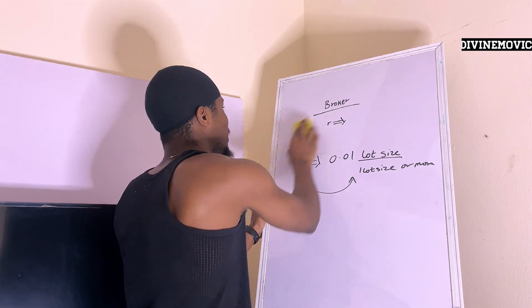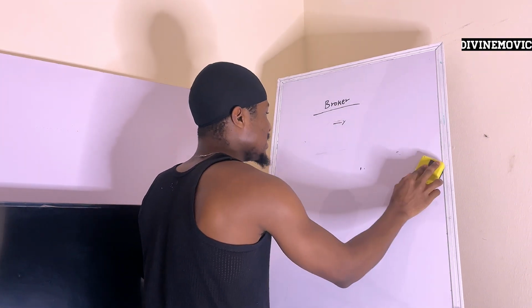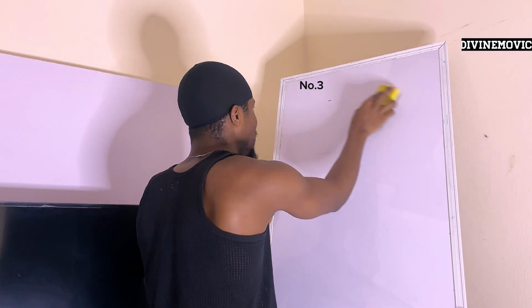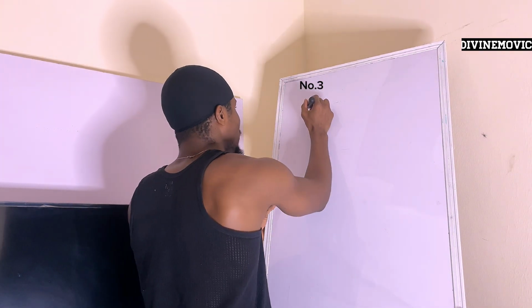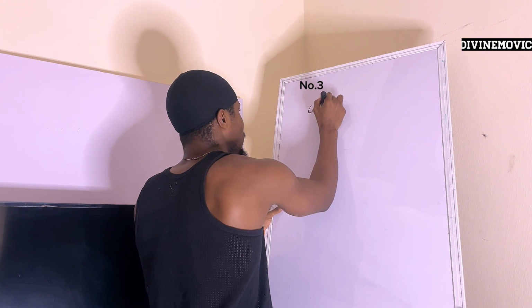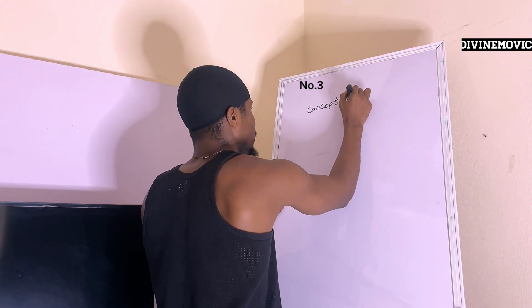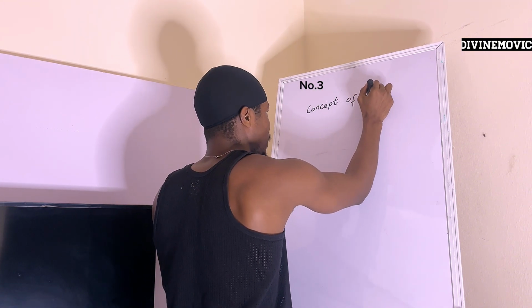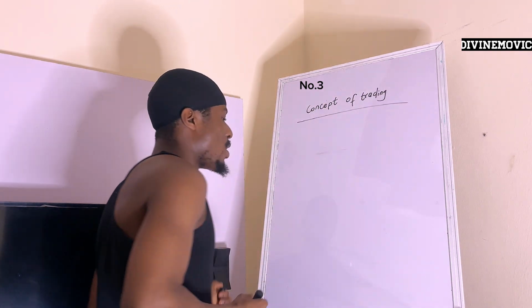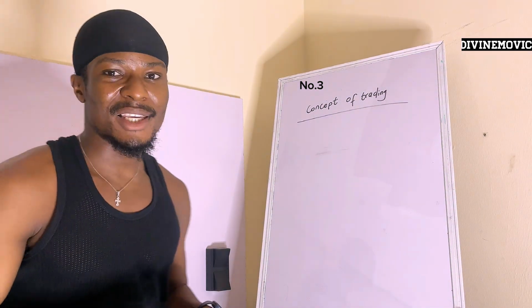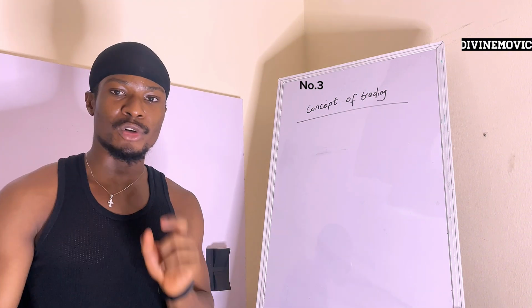Now, the next thing you want to understand is the concept of trading. What is the concept behind trading? Why are we trading? The idea behind trading is to make money.